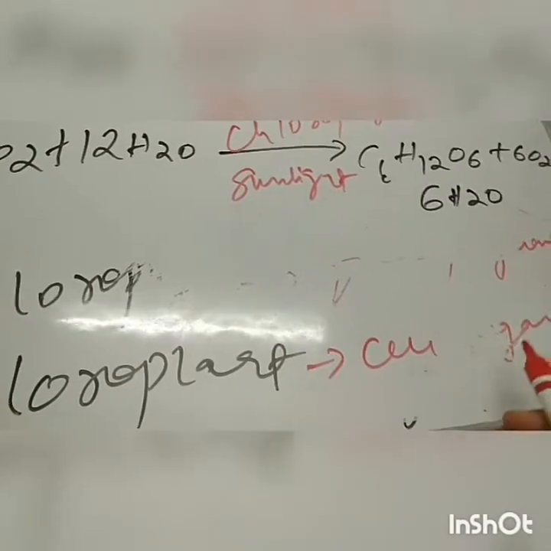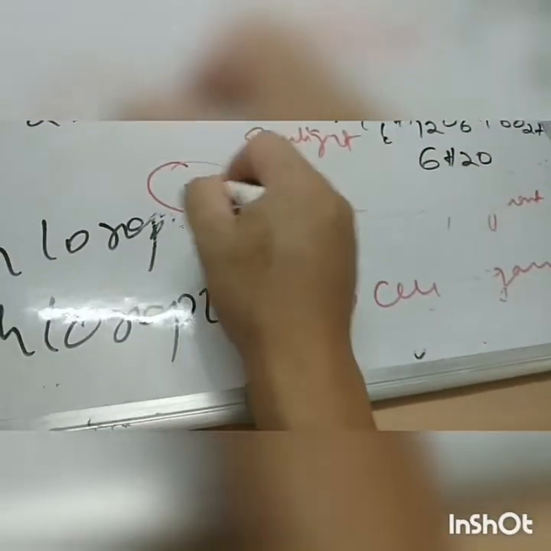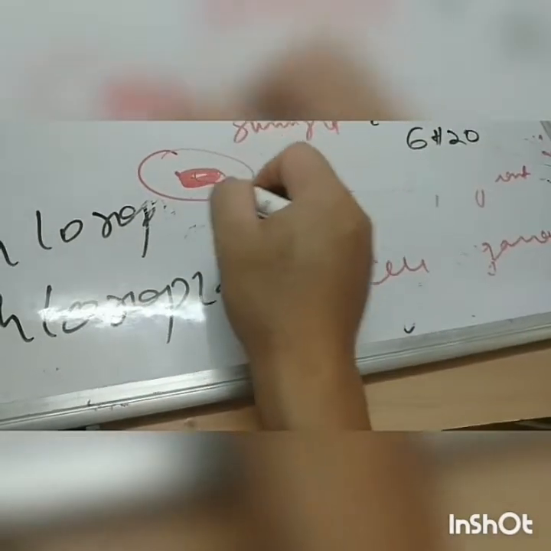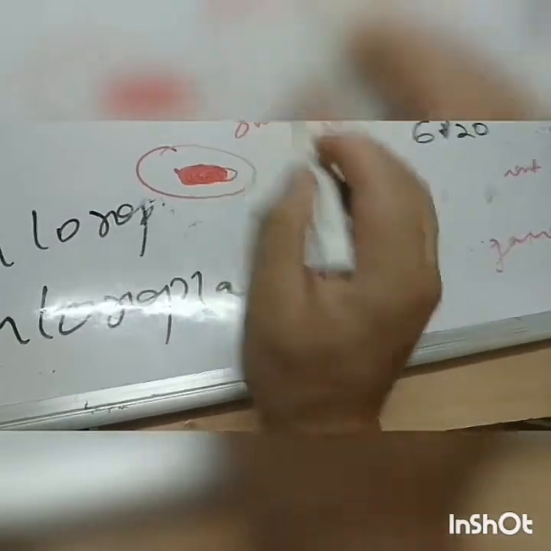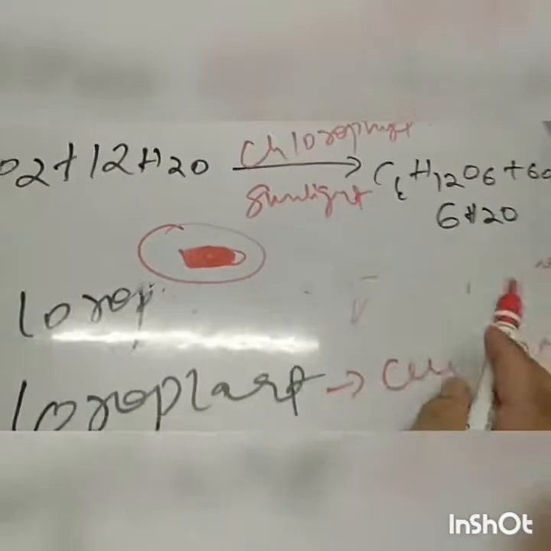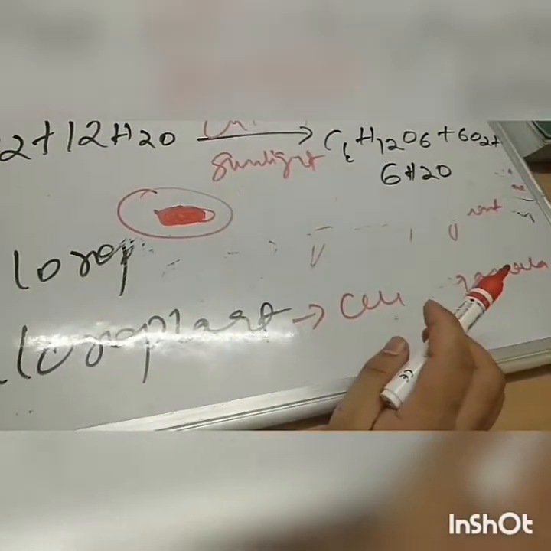In actual sense, if you go deep down, photosynthesis is taking place within the surface of chloroplast, and the deep place where photosynthesis takes place is chlorophyll, right? That's why in the standard chemical formula, chlorophyll is written, not chloroplast. But in actual sense, the site where photosynthesis takes place is chloroplast.